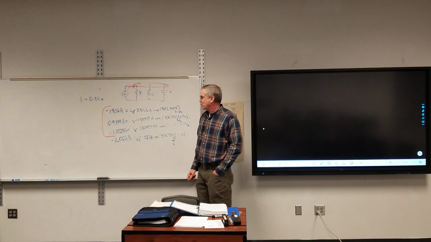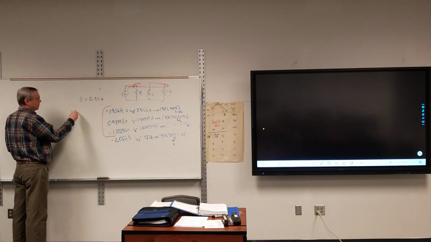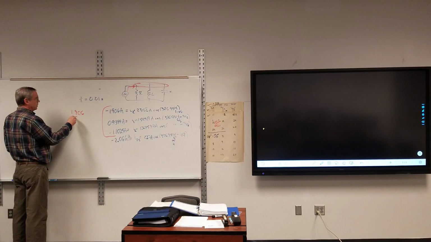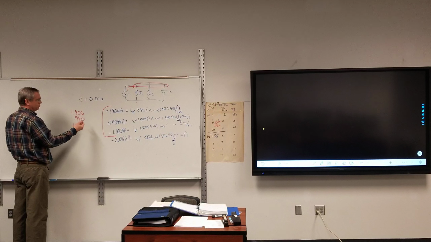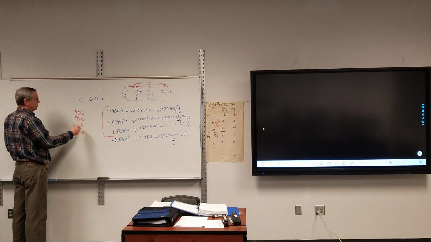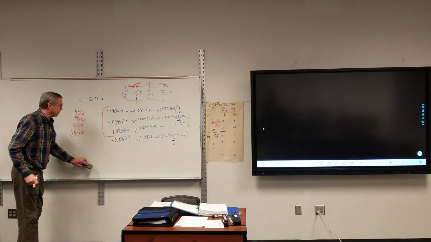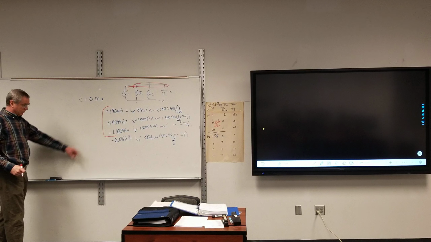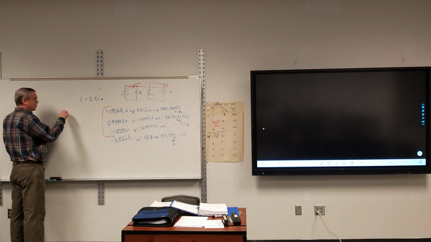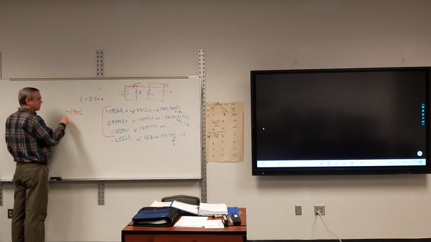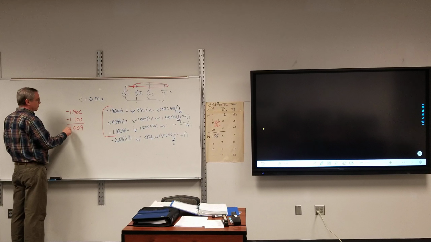And so if we add those three up, 1.906, 0.940, 1.103. Oh, it helps if I actually add correctly. Two of them are negative and one of them is positive. So I got negative 1.906 and negative 1.103, which gives me negative 3.009.